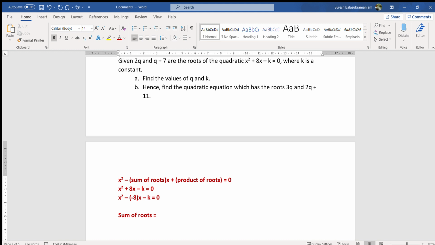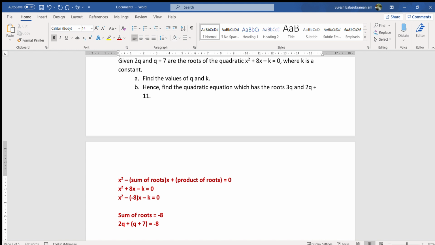So sum of roots is negative 8, and given in the question the roots are 2q and the second root is q plus 7, and that will produce negative 8.